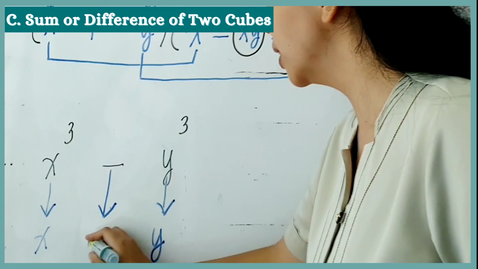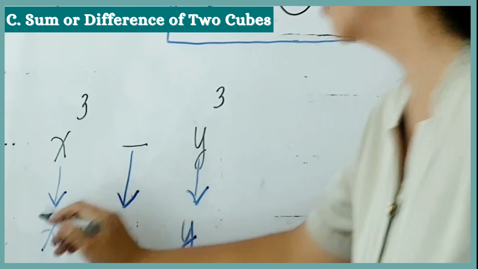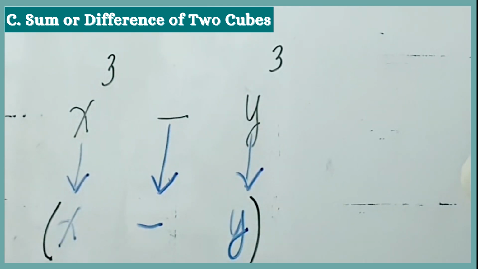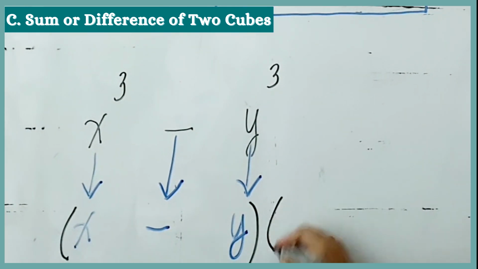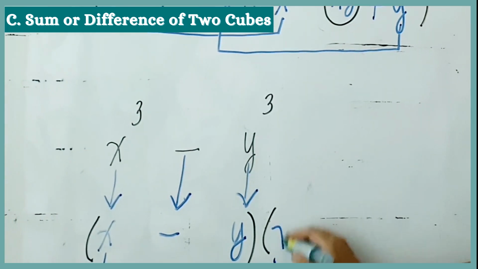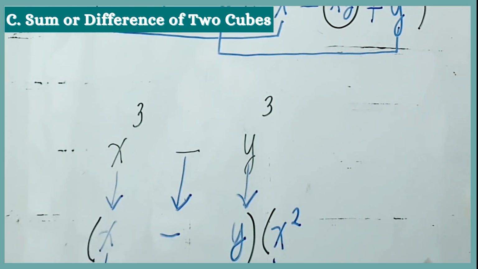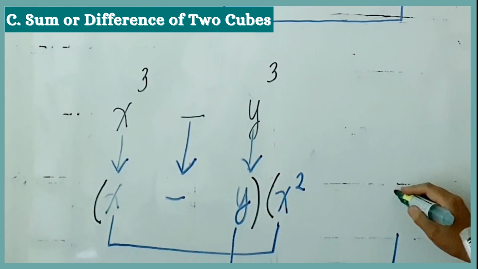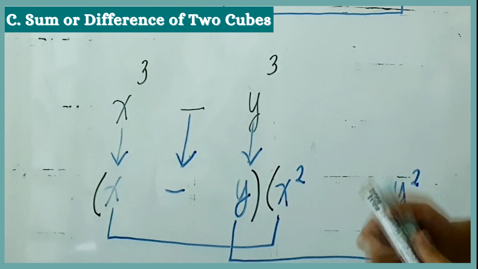So minus sign separates the cube roots of x cubed and y cubed. For our trinomial factor, we shall be having the square of the first term, x squared, followed by the square of the last term, that is y squared.